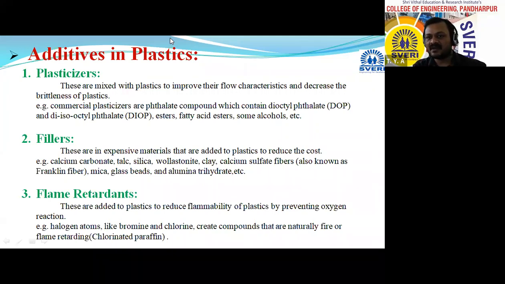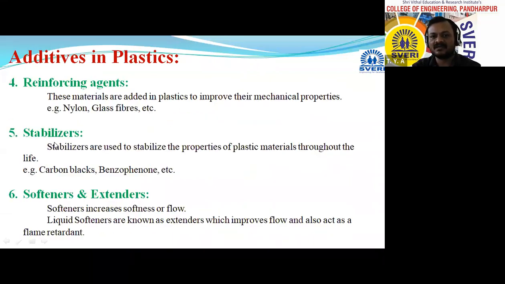To reduce flammability, we use flame retardants, then reinforcing agents to increase the strength. Then stabilizers we use to stabilize the properties of the plastic material, so that the same properties remain for a longer duration of time.